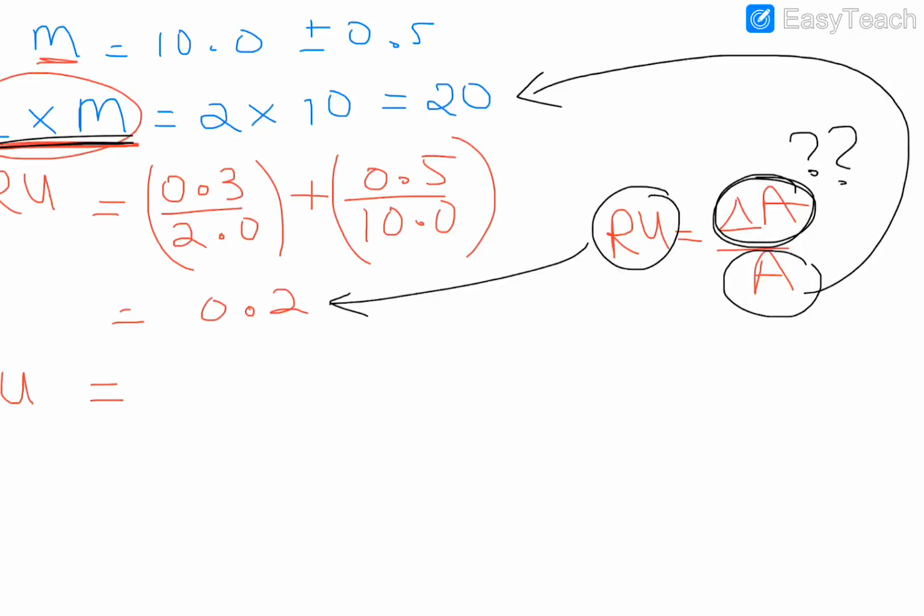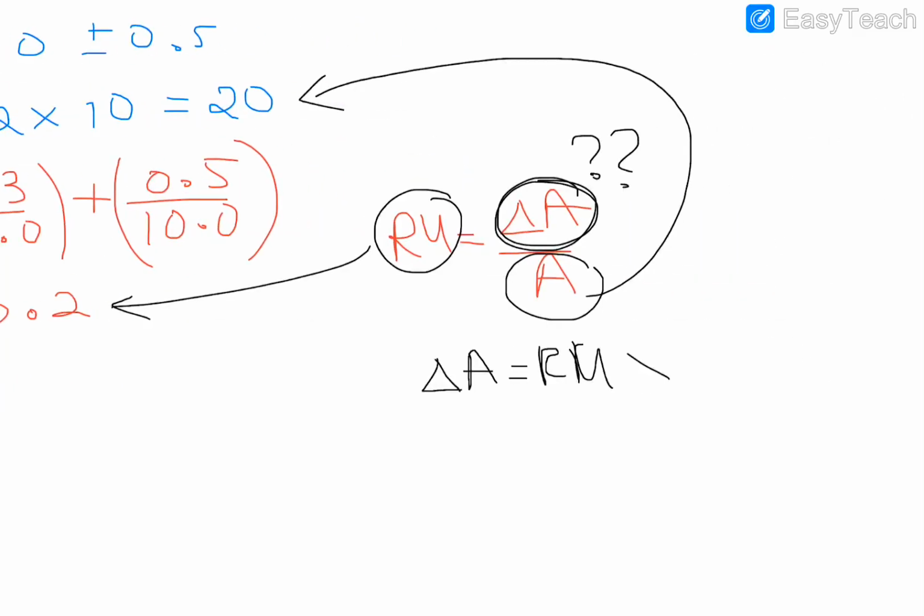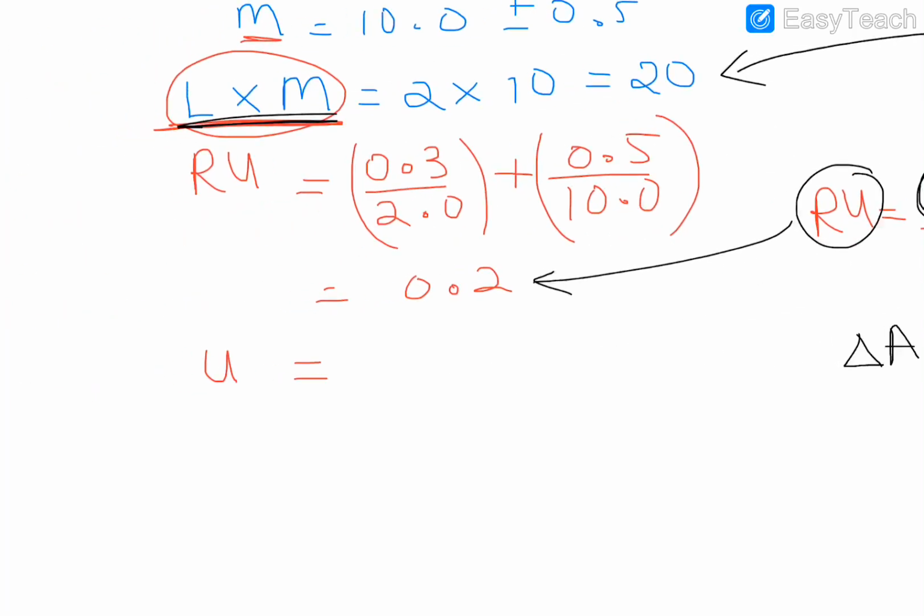So if we do a cross multiplication, the absolute error would be equal to the relative uncertainty times the value. So this is what we're going to do. So then uncertainty would be equal to the relative uncertainty times the value here. And if you do the maths, you should get that to be equal to 4.